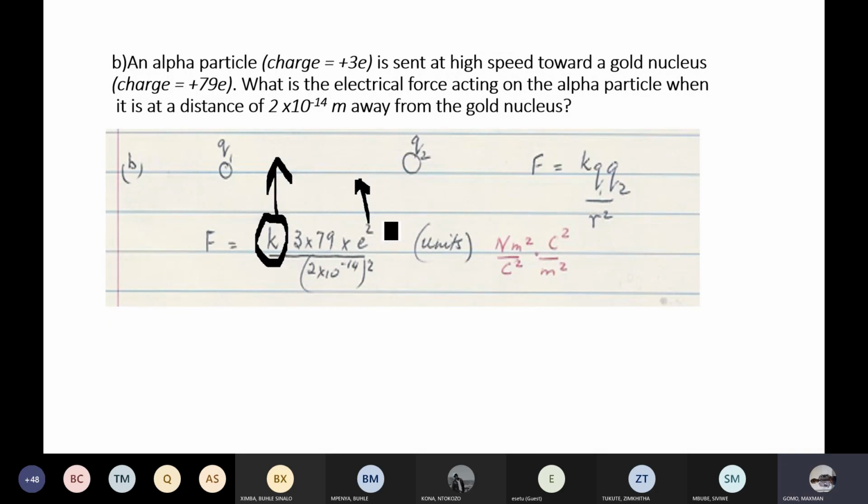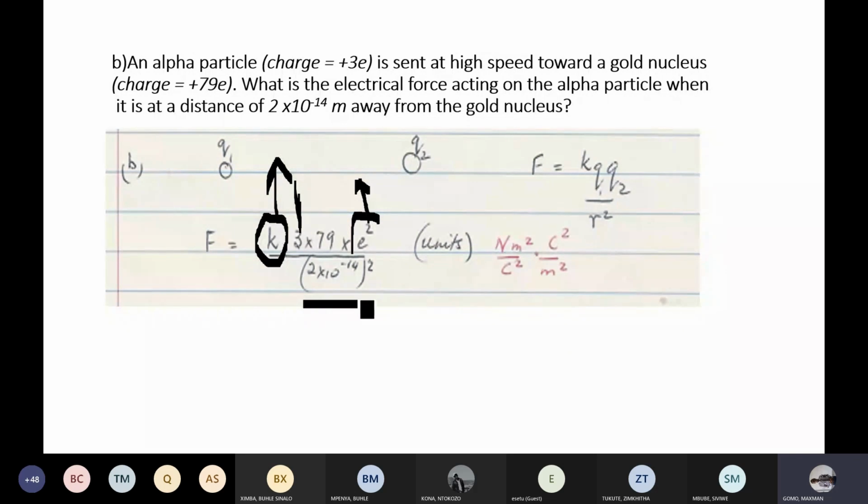The reason why you are having E squared is that you've got the E for particle number 1 and the E for particle number 2. Here we only have 3, which from the question is 3E. So one of the E's comes from particle number 1, and the other E comes from particle number 2. Here you have 3 times 79, these 3 here and this 79 here. Then the 2 E's are the ones written as E squared.